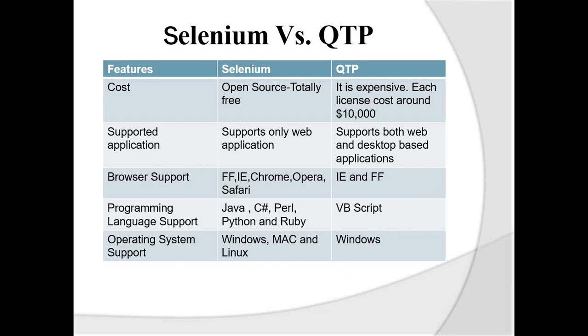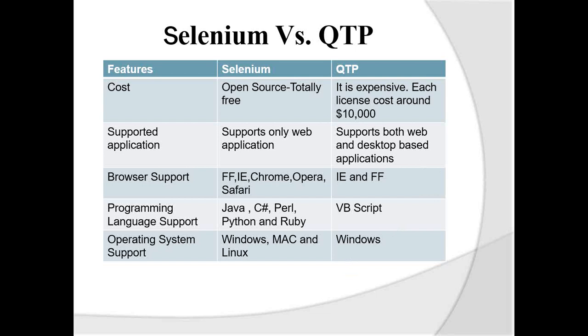That is the reason even QTP, which was by HP, uses Selenium for web-based automation instead of using their own tool, not only for licensing but also for the features available in Selenium, especially for web-based applications.